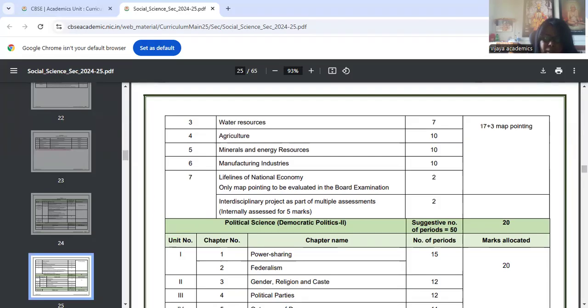If you see in political science, Democratic Politics second, the first lesson is power sharing, number of periods 15. Then the second is federalism. Both these topics, the periods included are 15. Next is gender, religion, and caste.